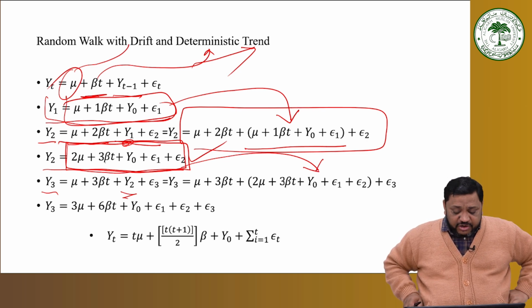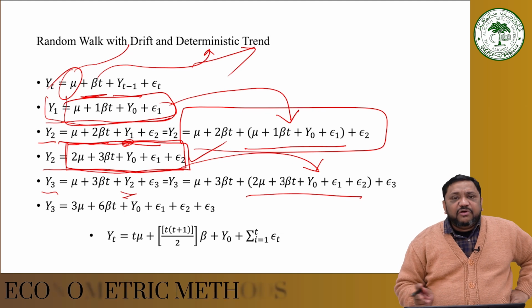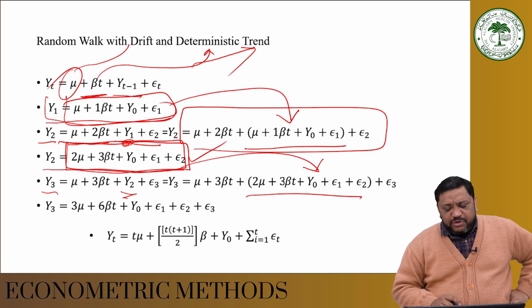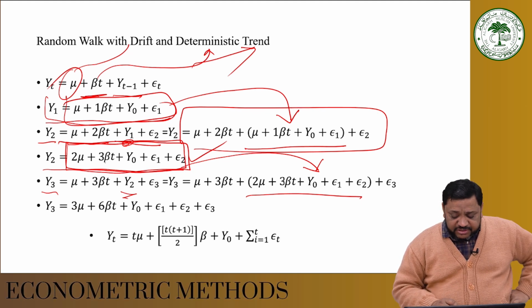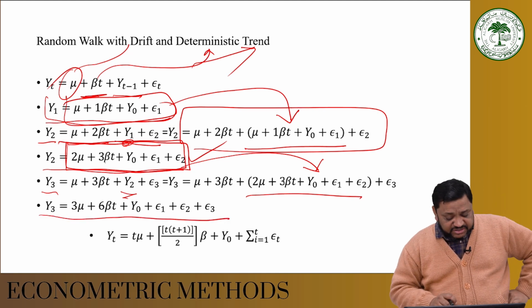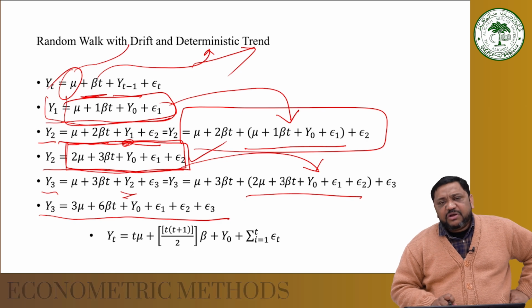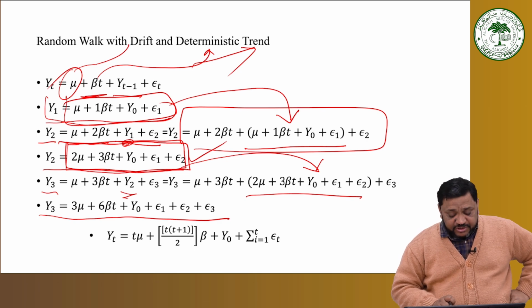So y3 is equal to mu plus 3bt plus 2 mu plus 3b plus y0 plus epsilon 1 plus epsilon 2 plus e3. We open the bracket and put the similar terms together. So what we find is y3 is equal to 3 mu plus 6 bt plus y0 plus epsilon 1 plus epsilon 2 plus epsilon 3.